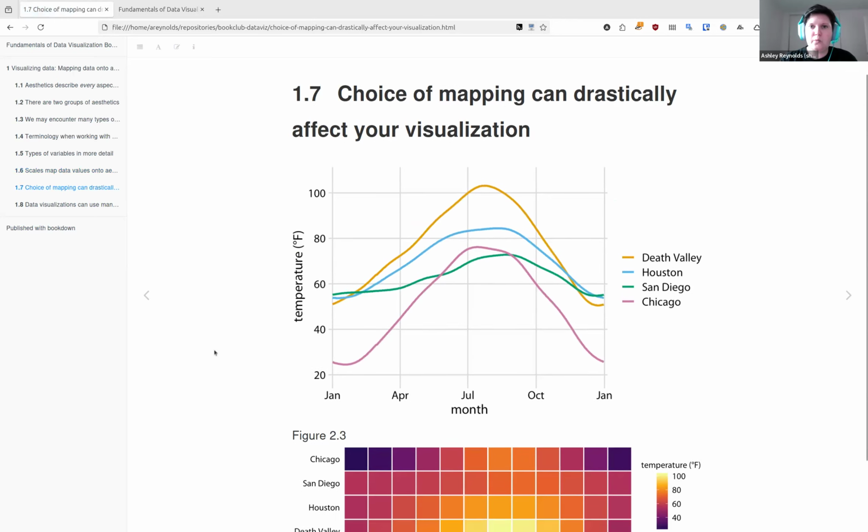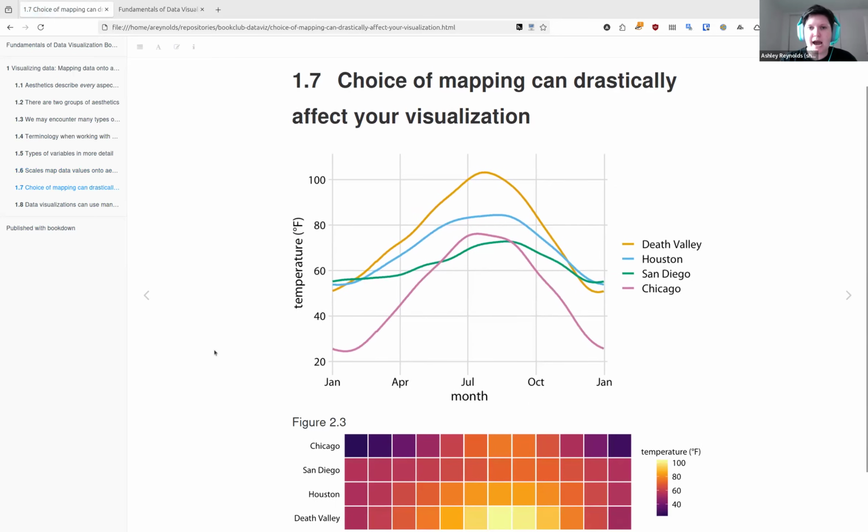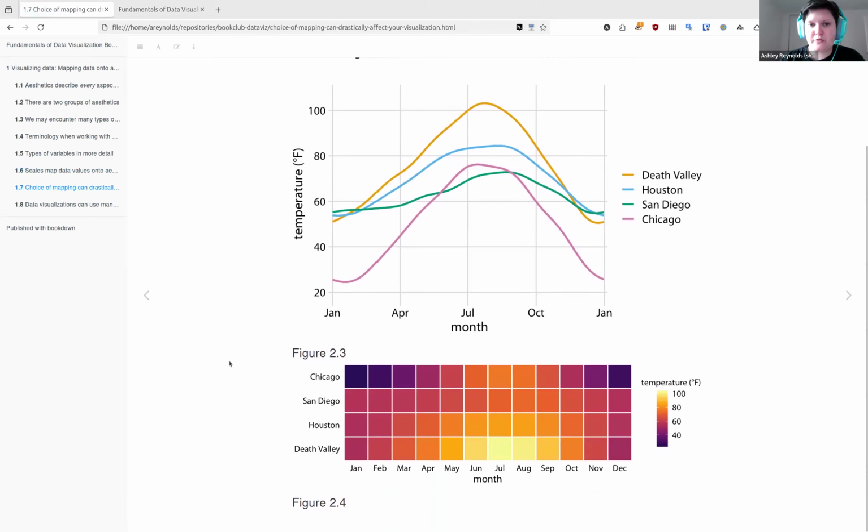One thing to think about is how your choice of mapping, so what scales you use and which variables or aesthetics you map those onto, can really drastically affect your visualization. Figures 2.3 and 2.4 in this chapter map the exact same data.